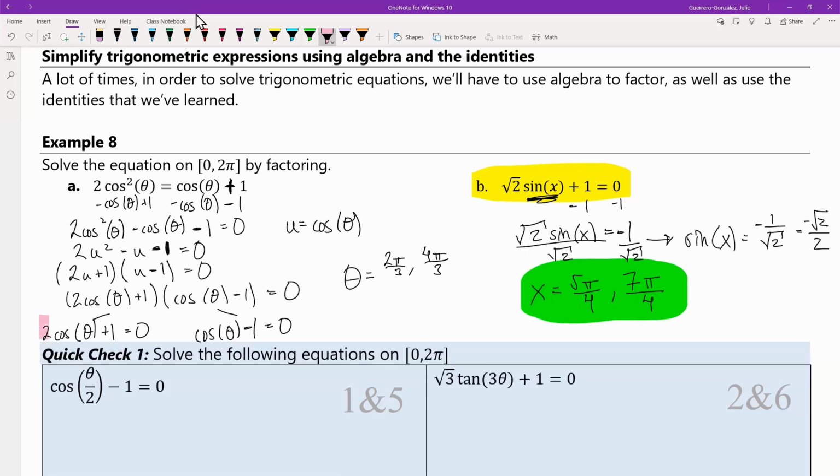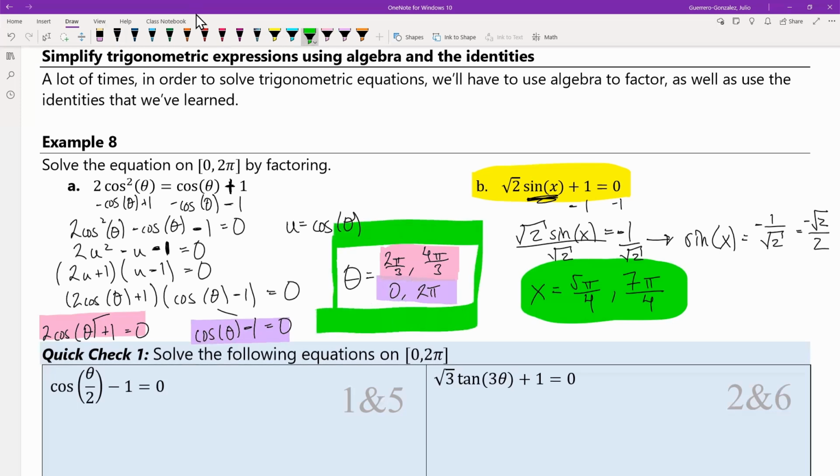This one will produce these two answers. And the second one is going to produce 0 and 2 pi. This one is going to produce these answers. So sum total, there's going to be 4 answers.